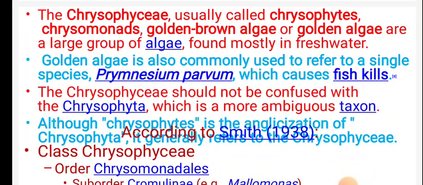Mainly Chrysophyceae are usually called chrysophytes, golden brown algae or golden algae, and these are large groups. Prymnesium parvum, which causes fish kills, is a single species of golden algae.